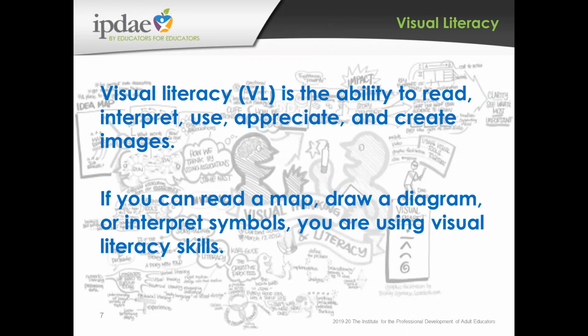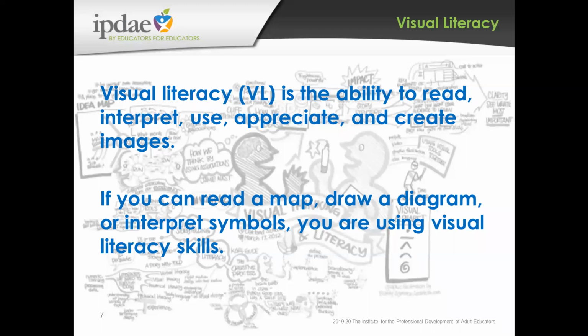But what exactly is it? Sometimes we use the word graphic literacy. Then what's the difference between that and visual literacy? Visual literacy is just a little broader. It's a term that's been used for over 50 years, but it's really the ability to interpret, to recognize, to appreciate, to understand information that's presented in a visual pattern.